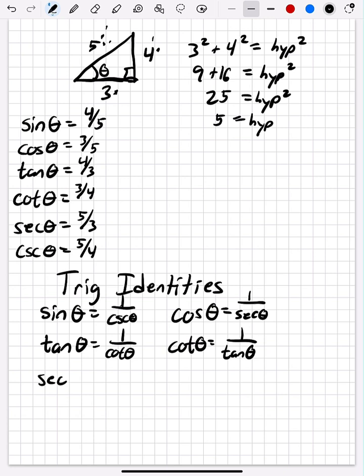Secant is 1 over cosine, and cosecant is 1 over sine. So you can see that sine, cosine, secant, cosecant are related, and then tangent and cotangent are kind of on an island of themselves. All right.